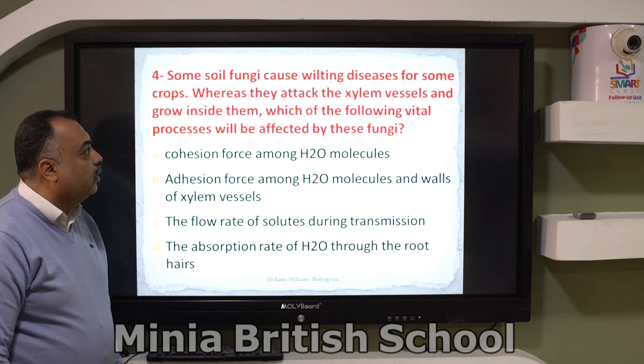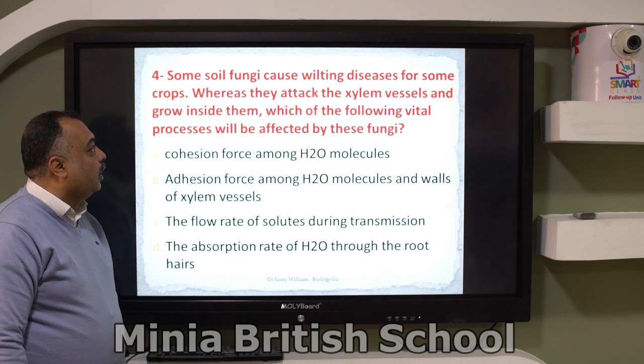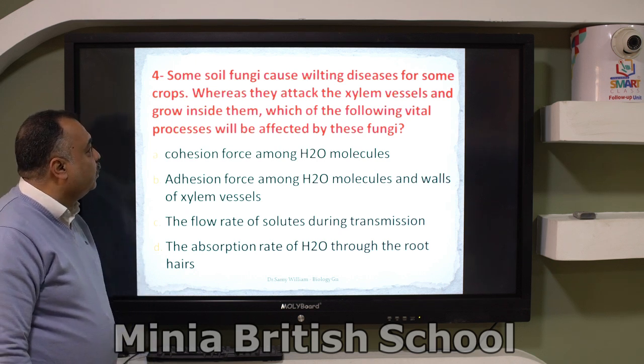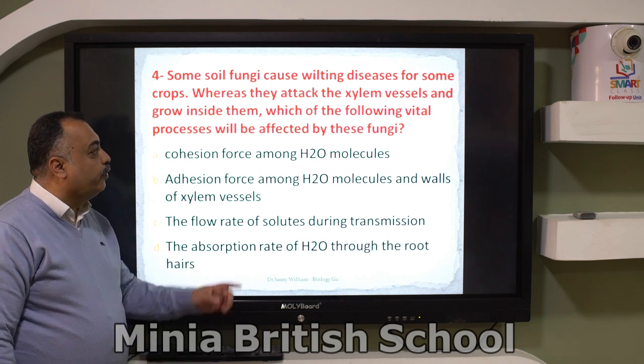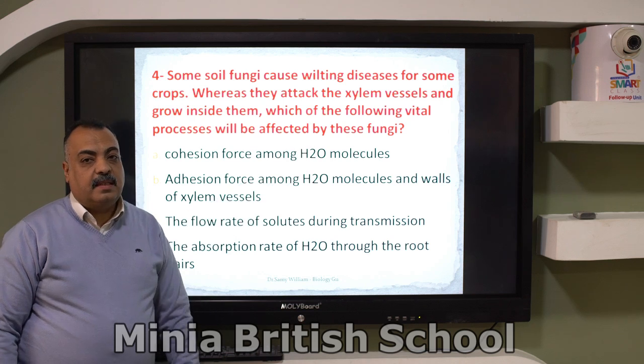Some soil fungi cause wilting diseases for some crops, whereas they attack the xylem vessels and grow inside them. Which of the following vital processes will be affected by these fungi?